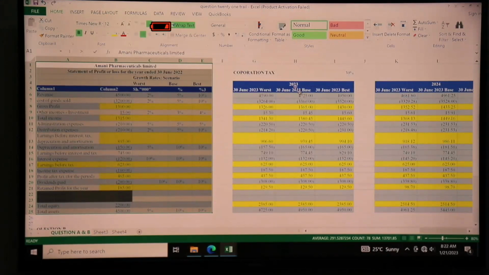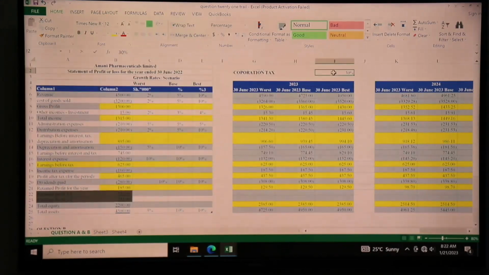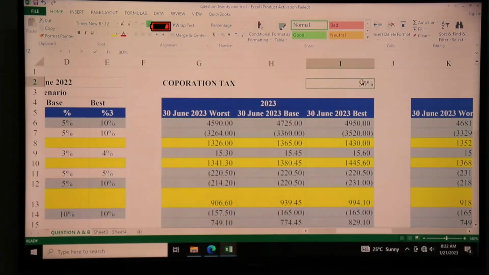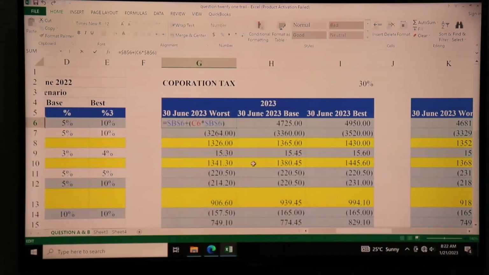Then from there, you'll notice here we have a corporate tax 13%, 30% above here. And if this one is used here, you can see that that is used above there. Let me zoom a little bit. This 30% was actually given on the question paper. And since it was to be used in all these formulas, then all our formulas will have the absolute reference. So the 13%, we have even other cells down there that are still absolute, like the cell B6.